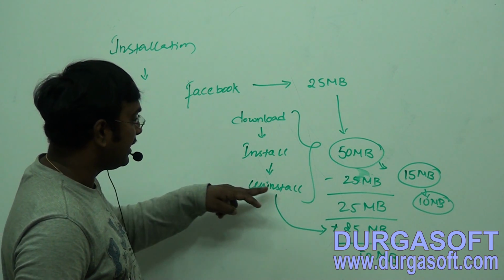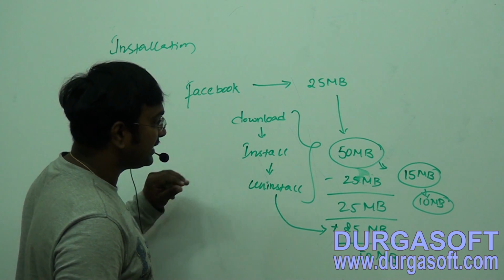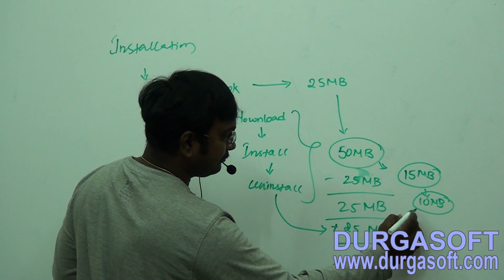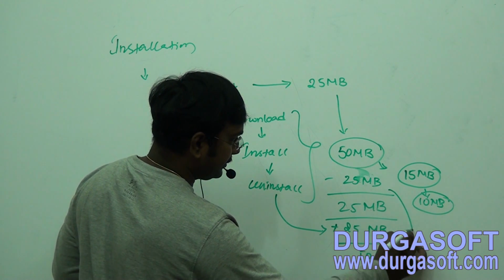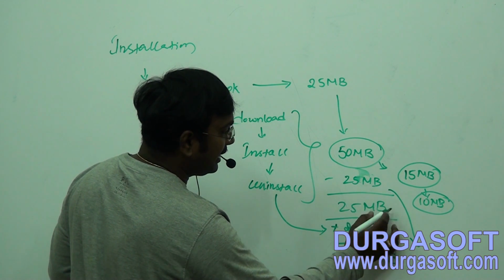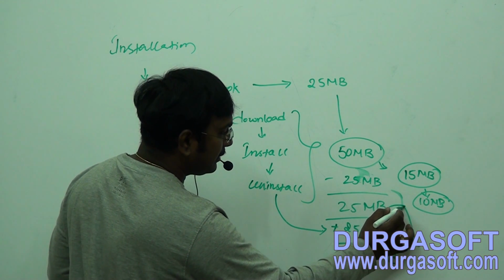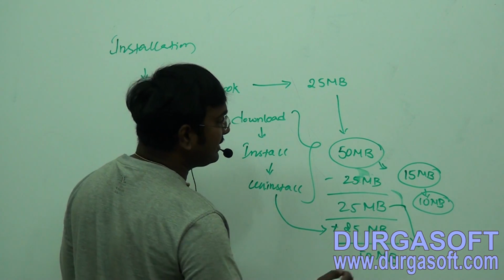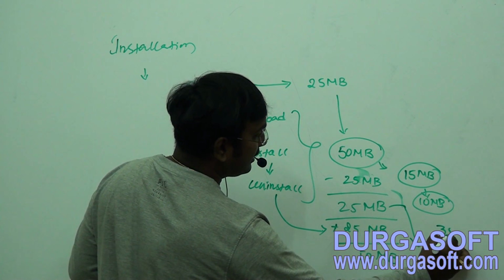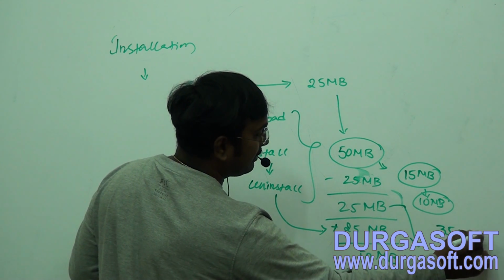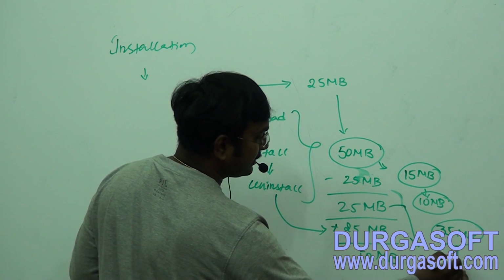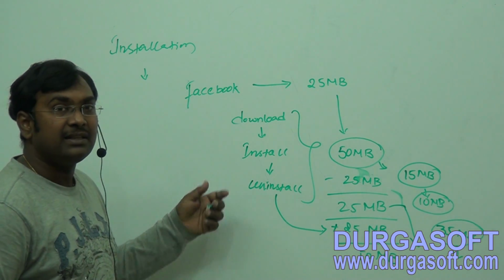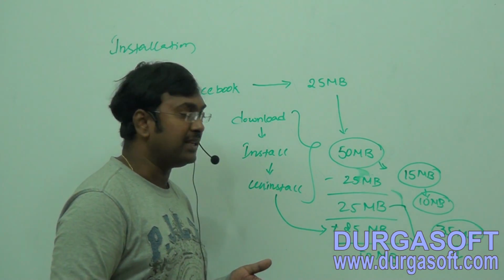Maybe after installing this application, 50 minus 15 means 35 MB. But when you uninstall that application, it's not installed properly.